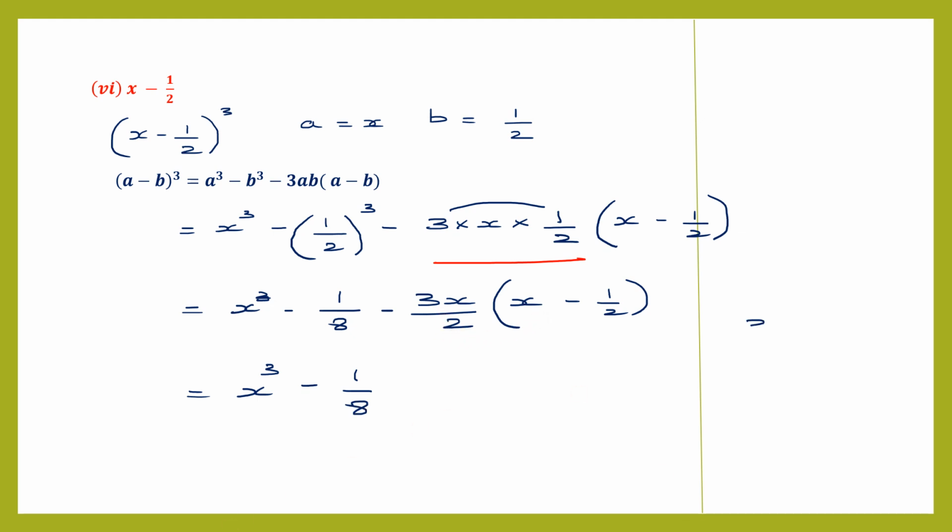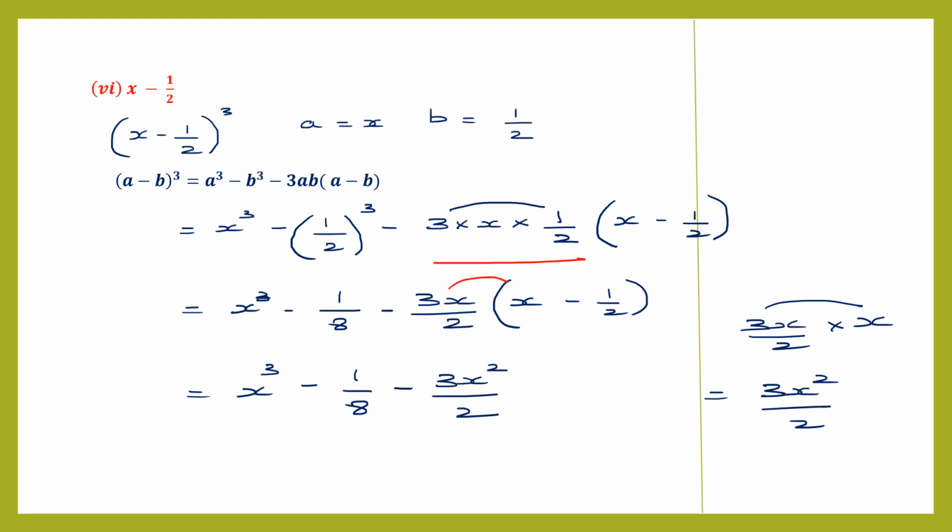Let's write that: 3x by 2 into x. So here we multiply the numerators. It becomes 3x square by 2. Sign is minus, 3x square by 2. So that is the first multiplication that we did with this. Now that is over. We can multiply this with this.